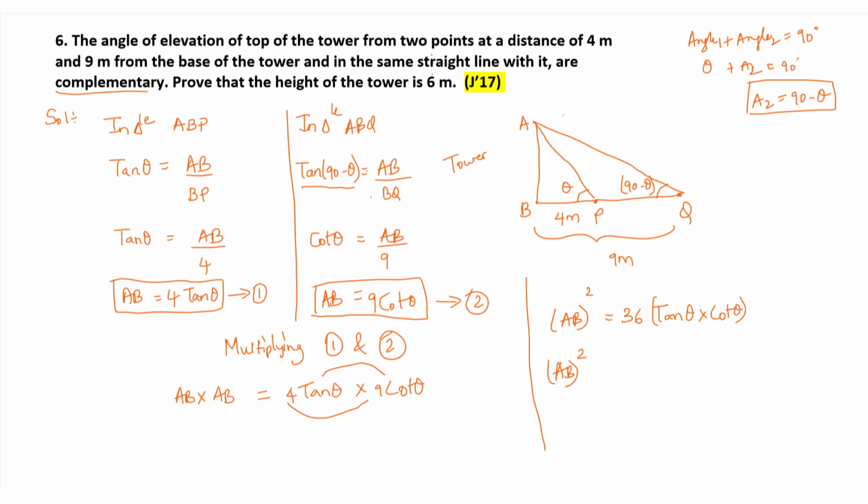Therefore, AB square will be equal to 36 tan theta into cot theta. What is cot theta? Reciprocal of tan theta. So I can write 1 by tan theta, and it gets cancelled. We are left with AB square is equal to 36. Therefore, AB will be equal to root 36, which is equal to 6 meters. Hence, the height of the tower is proved as 6 meters.